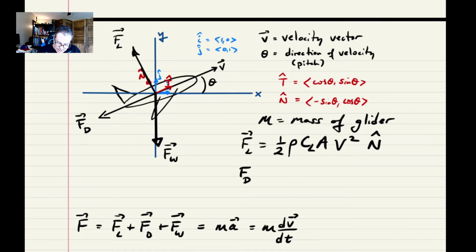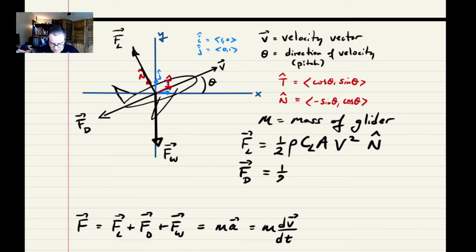In the same way, we can look at the force due to the drag, and the drag is parallel to the velocity, but always opposite to the velocity. Just like experimental modeling of lift, the model of drag is found to be very similar, which is really fascinating.